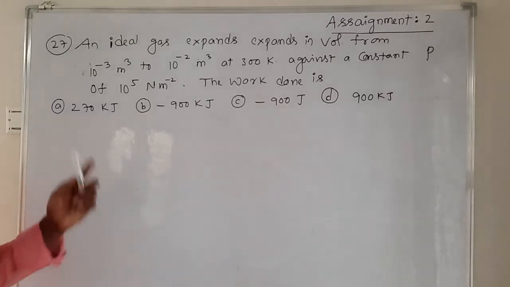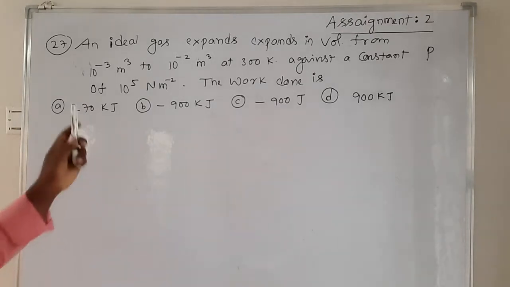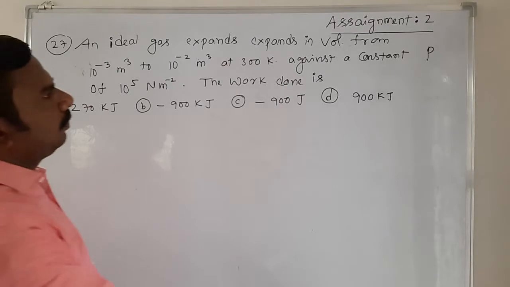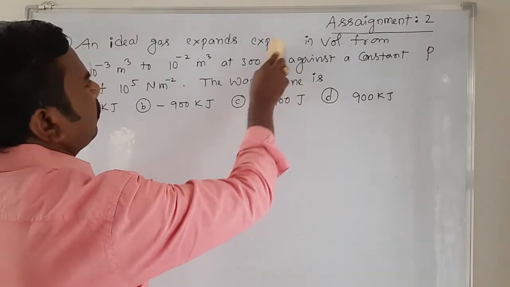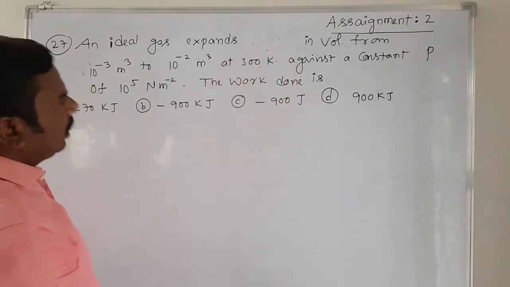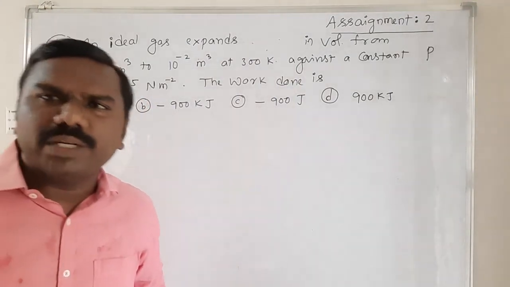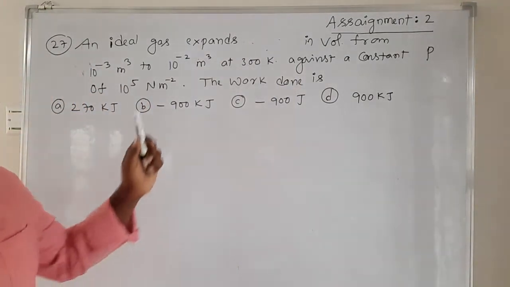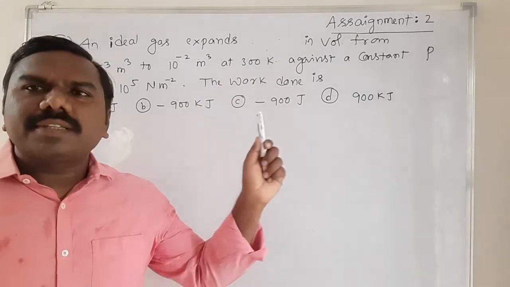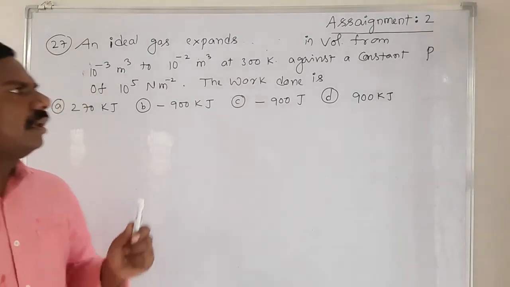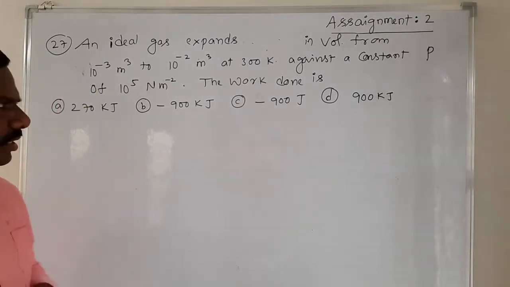Okay, next, 27. An ideal gas expands in volume from which one to which one? That is 10 to the power of minus 3 cubic meter to 10 to the power of minus 2 cubic meter, at 300 Kelvin against the pressure of 10 to the power of 5 Newton per meter square. So what is the work done? They are asking.